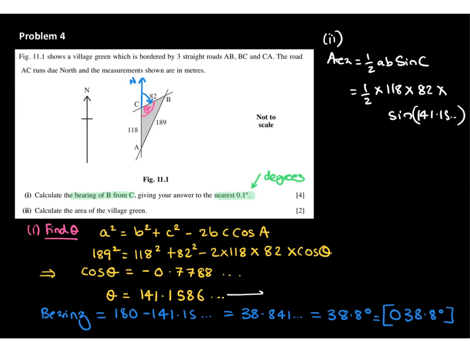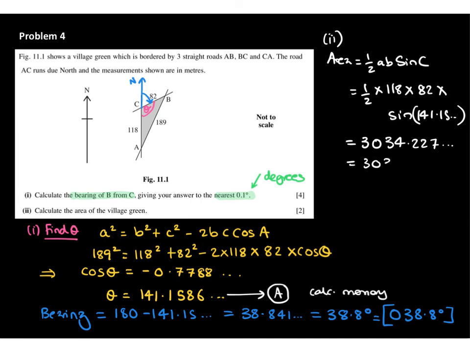And if you haven't already done that, it would have been very sensible to save this in a calculator memory, so you've got that value there to use. Don't forget your calculator has got to be in degrees, otherwise this is simply not going to work. You're not going to get the correct answer. Try it yourself, see if you get the same answer as me, and you should find, if you've done it correctly, you get an answer of 3034.227, etc.